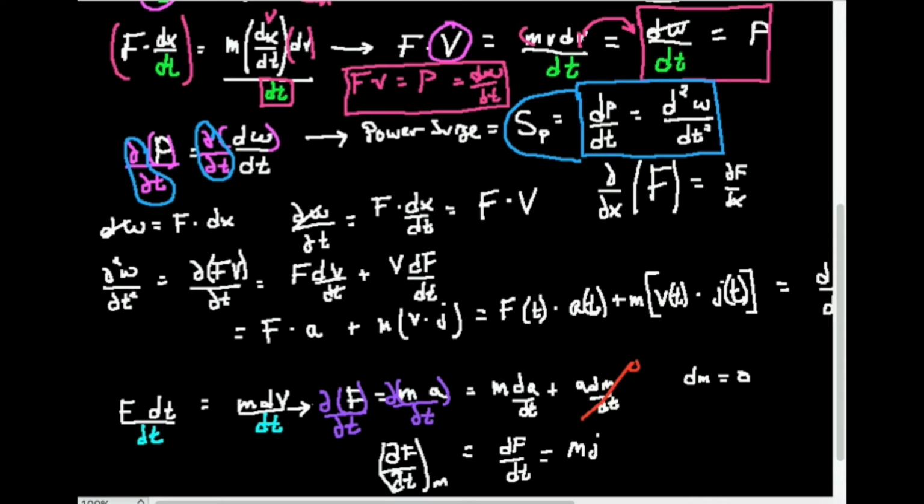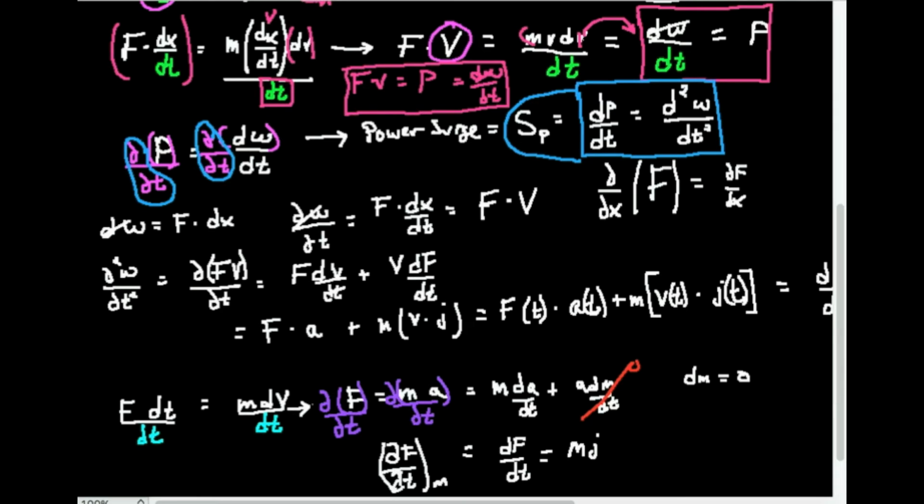If your power increased from, say, 10 watts per second to 50 watts per second in 5 seconds, then whatever you get by taking the change in power over change in time, that's the power surge. Okay? And it's dp over dt, but that's also the second derivative of work or energy with respect to time. Okay, so hopefully that makes sense.